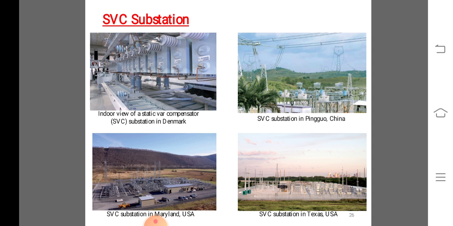Thus, the furnace characteristics are made more acceptable to the power system by the static VAR compensator. This shows the application of the static VAR compensator to an arc furnace installation for reactive power compensation at the HV bus level.